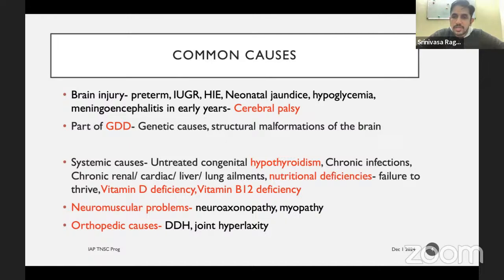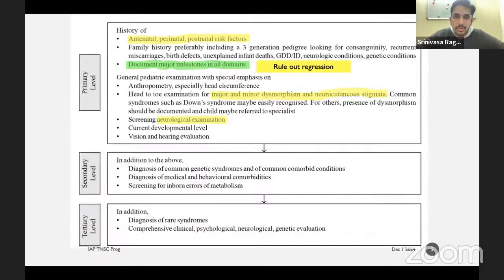Nutritional deficiencies like severe acute malnutrition, failure to thrive, vitamin D deficiency, rickets, or isolated vitamin D deficiency and vitamin B12 deficiency could result in motor delay. Neuromuscular problems like spinal muscular atrophy, myopathy, or orthopedic causes like developmental dysplasia of the hip or joint hyperlaxity, benign joint hypermobility syndromes like Ehlers-Danlos, all those can present as motor delay.